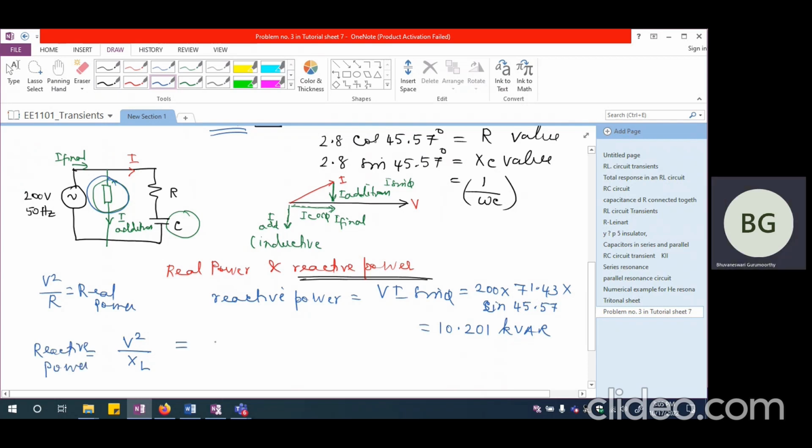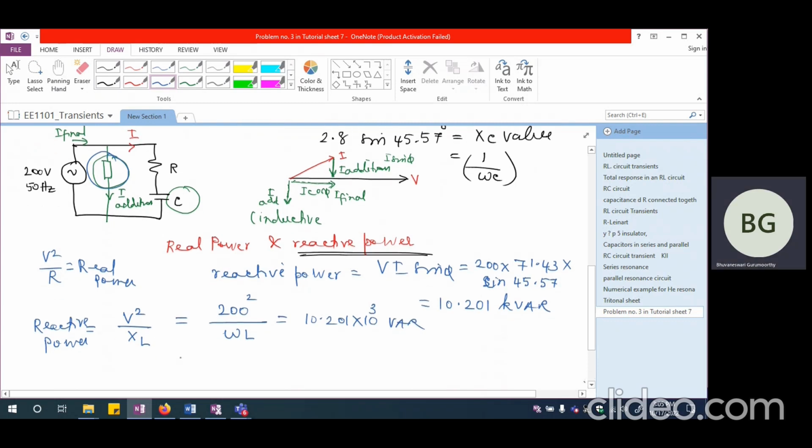So 200 square divided by omega L has to be equal to 10.201 multiplied by 10 power 3 VAR.